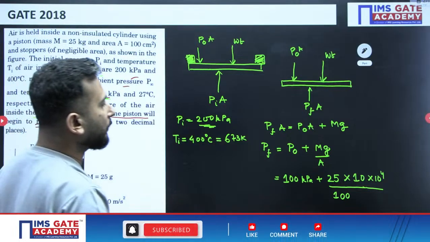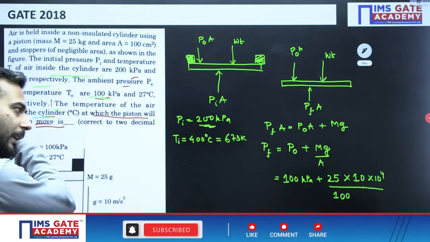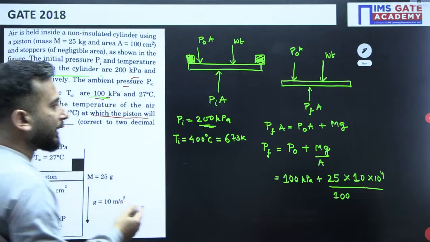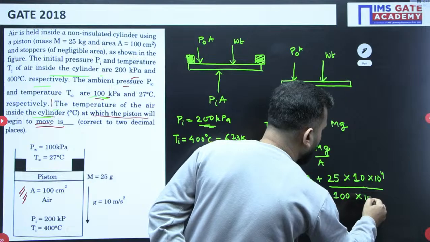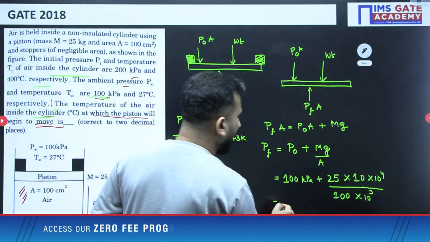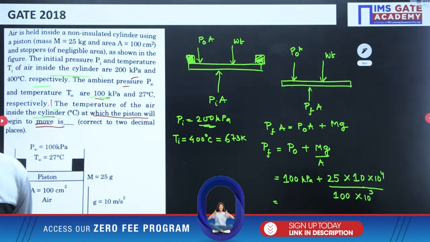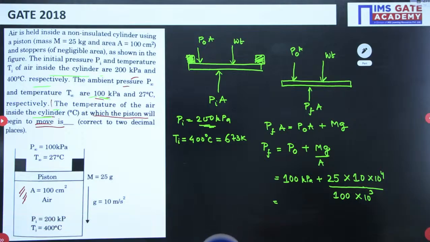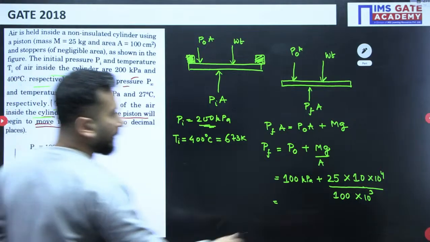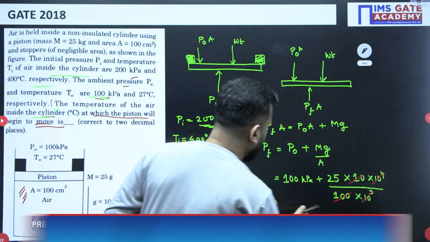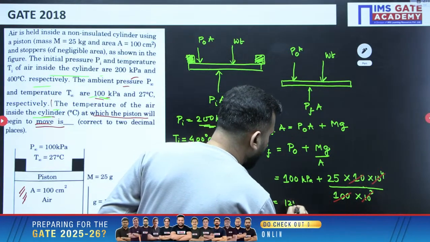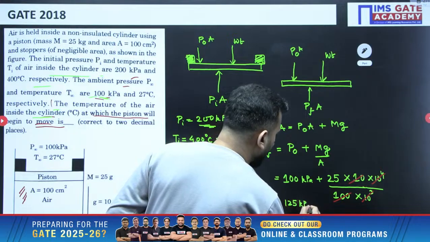Mass M into G over area gives Newton per meter square, that will come as Pascal. So again you need to divide by 10 to the power 3 to make it kilopascal, and once you do this, everything will get cancelled, and finally we will be left with 125 kPa.